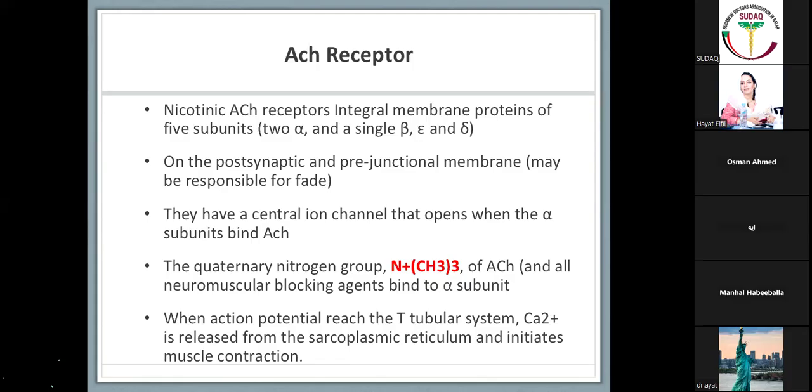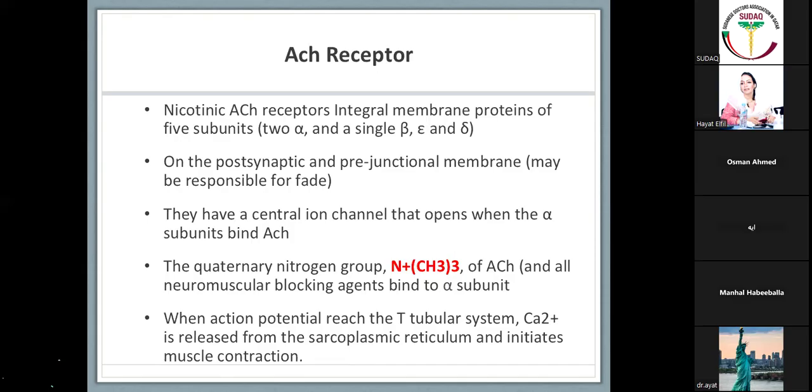These receptors have a central ion channel that opens when the alpha subunit binds to acetylcholine, or of course, other muscle relaxants. The quaternary nitrogen group of acetylcholine and all other muscle relaxants binds to the alpha subunits. Basically, binding the first alpha subunit will increase the affinity of the second alpha subunit to bind the other molecule of acetylcholine on both sides.